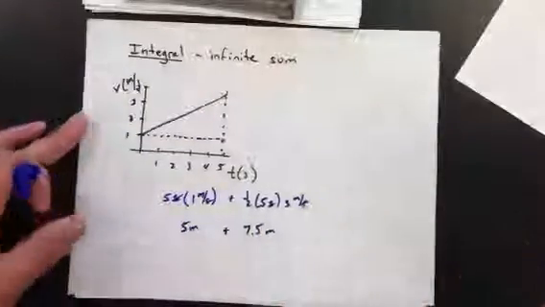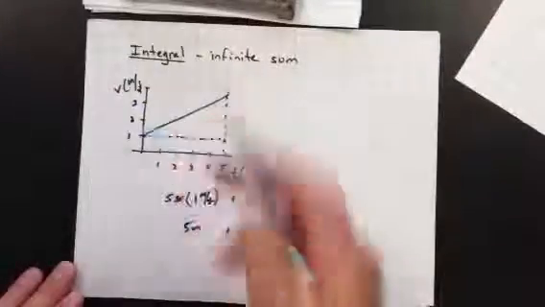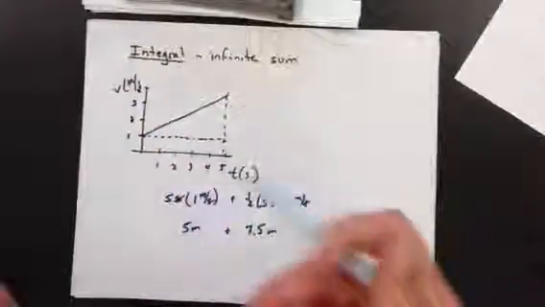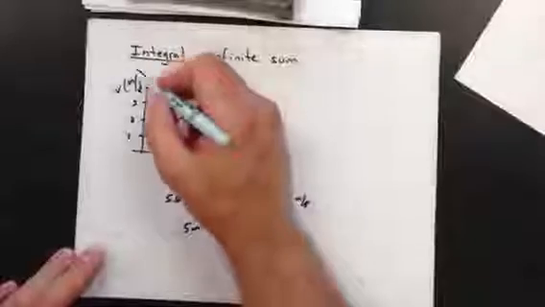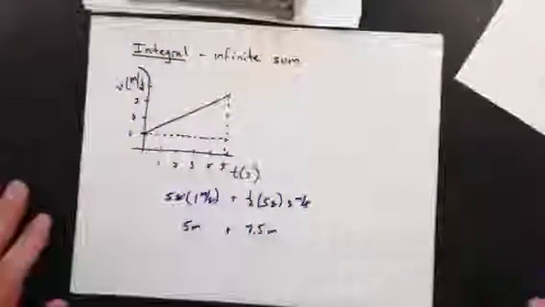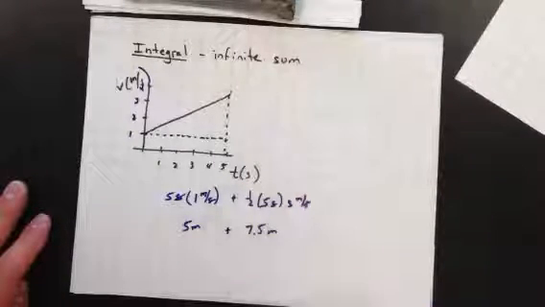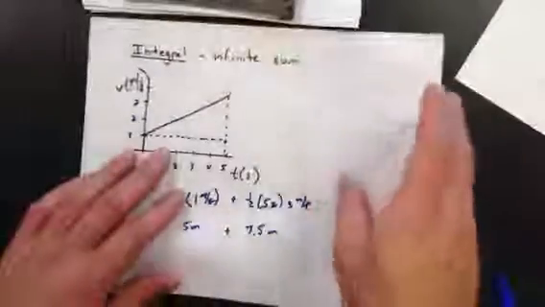To get a total distance that this object would travel if it started with a velocity of 1 meter per second, changed it to 4 meters per second in 5 seconds. It's pretty simple when we have straight lines and triangles, but it's not always going to be that easy.